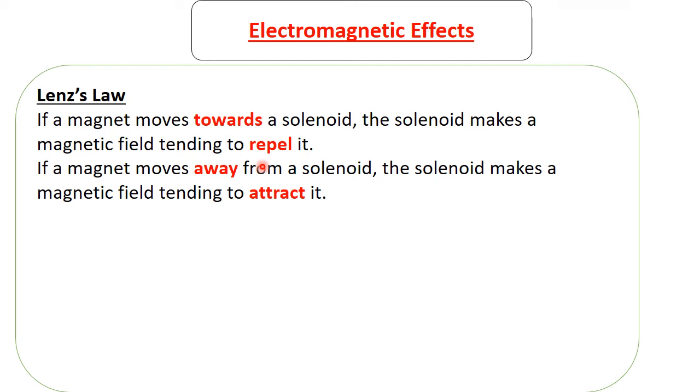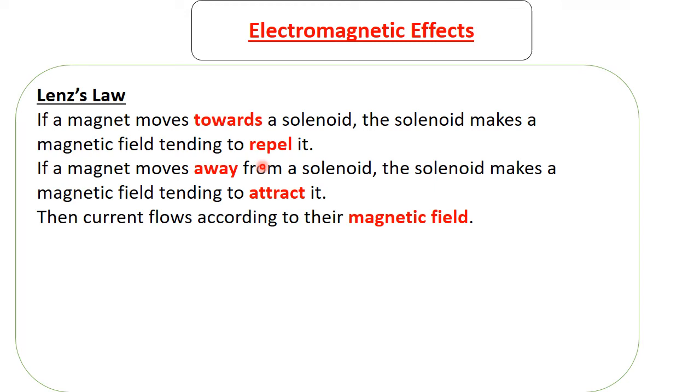If you want to keep it away, it will say come close. Then current flows according to their magnetic field. Remember, if you are moving a magnet towards a wire, or a wire towards a magnet, current is introduced in the wire. So if you move a magnet towards a solenoid, current is going to be introduced in the solenoid.